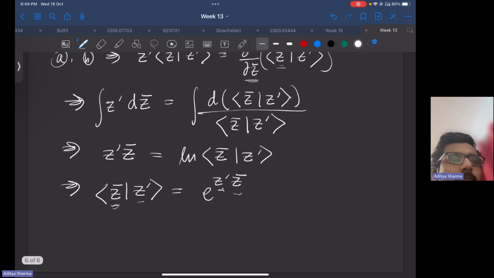Now you're going to write Z as any complex number, and so you're going to come into the normal position basis. And since it is any complex number, you can write this as x plus iy. So I will write z prime in the prime coordinates and z bar as the complex conjugate.